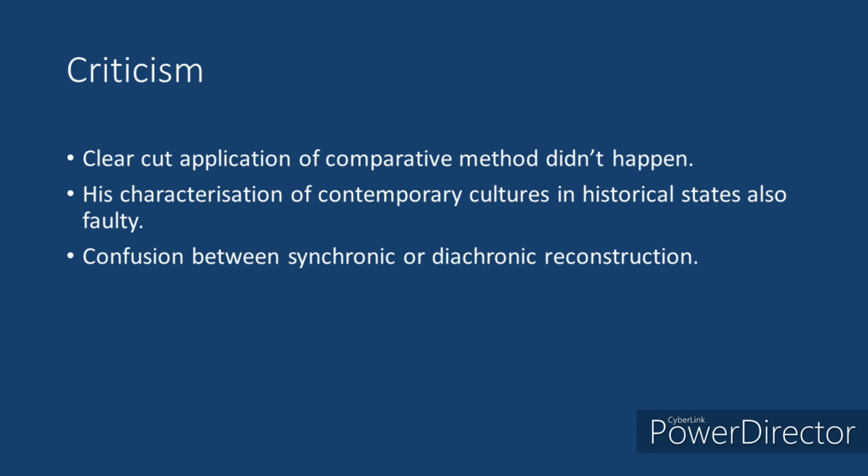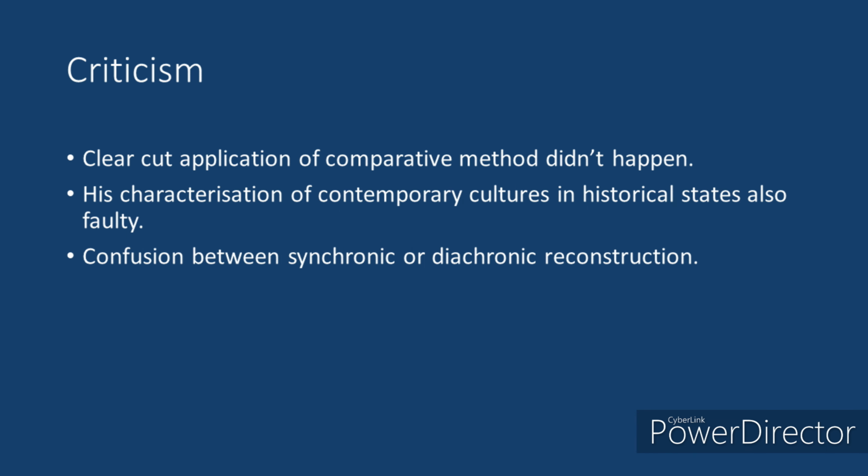The next point is that the characterization of contemporary cultures into historical stages is also faulty. I have told you that he tried to place one culture into one stage. For example, he said that Australian and Polynesian societies are placed in middle savagery.